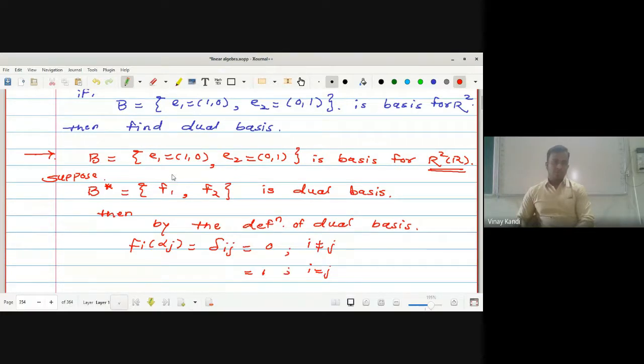Okay, here suppose this is alpha 1, this is alpha 2, and this is f1 and f2.